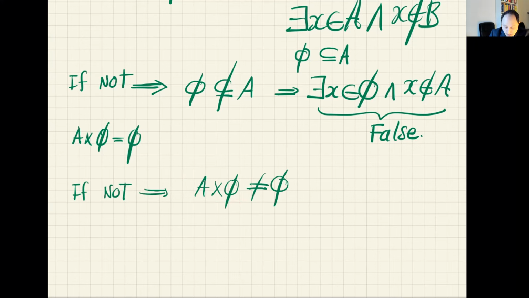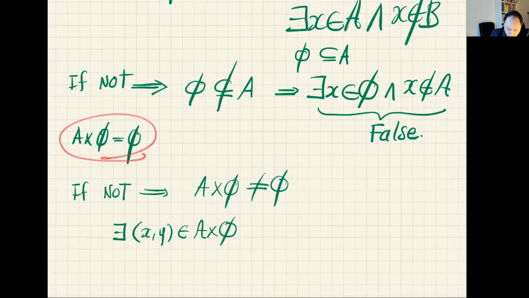Otherwise, it is empty. But because this is the Cartesian product, it means that there exists an ordered pair in this Cartesian product. I am claiming that this is empty. If you say this is not empty, it means that when you look inside, you can find something. But because this is Cartesian product, it means that when you look inside this, you can find an ordered pair there.